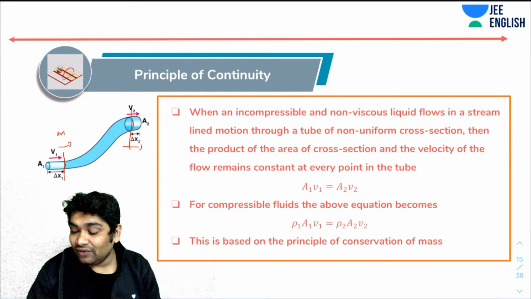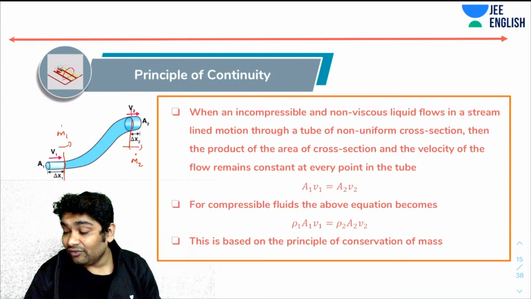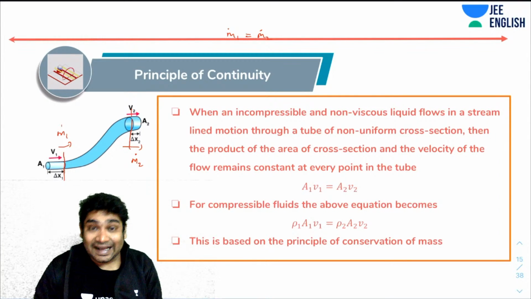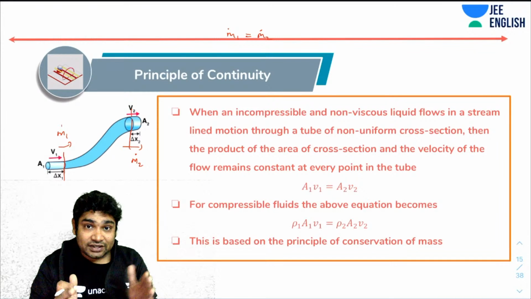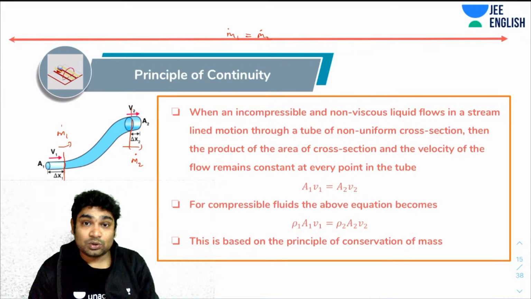So if m1 mass is entering per unit time, which is represented as m1 dot, and m2 mass is leaving this section per unit time, then m1 dot is equal to m2 dot. This is called the principle of continuity because mass can neither be created nor destroyed. So for any section, if m1 mass is entering the section, then m2 mass has to leave the section.